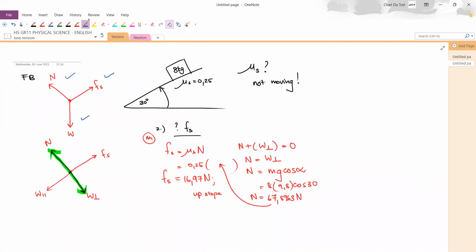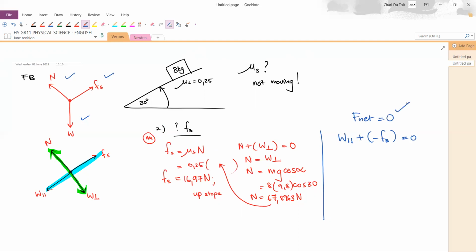There's another way of doing it. You can look at these 2 blue forces. They're exactly the same. So the weight parallel plus negative static friction is 0 because F net is 0.